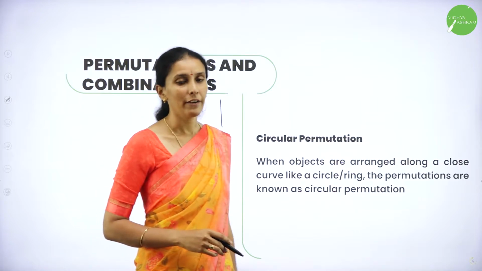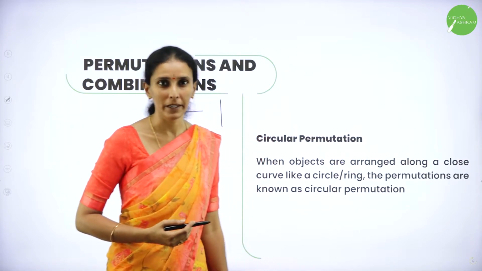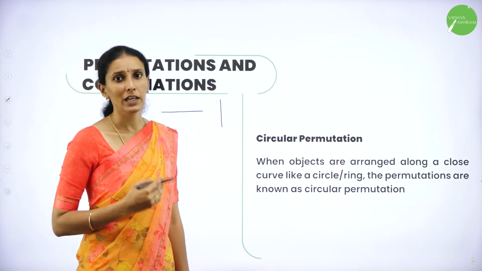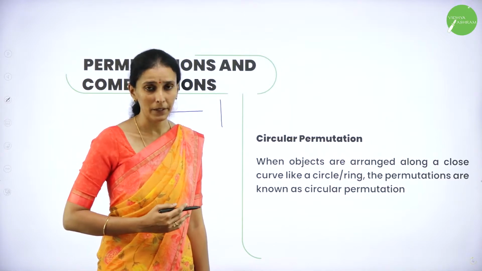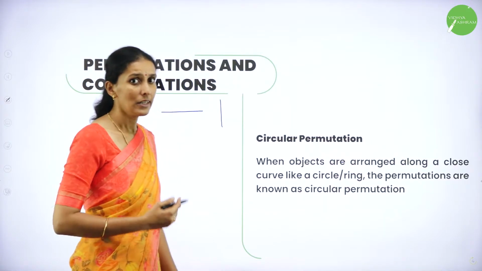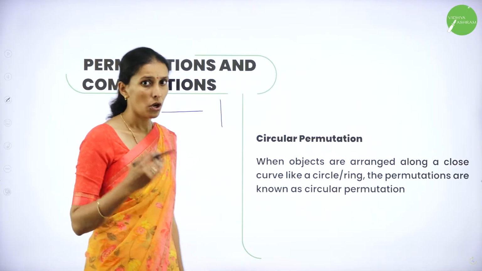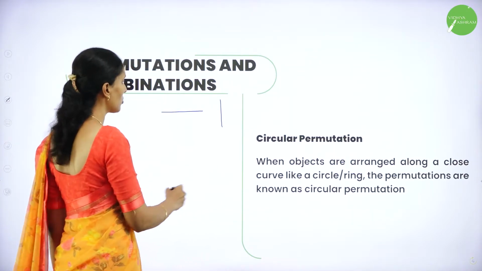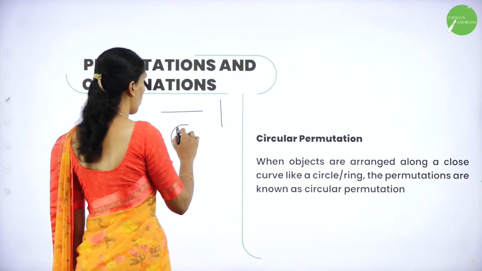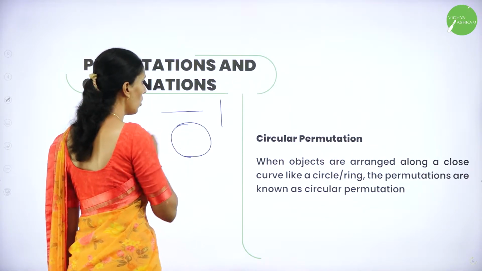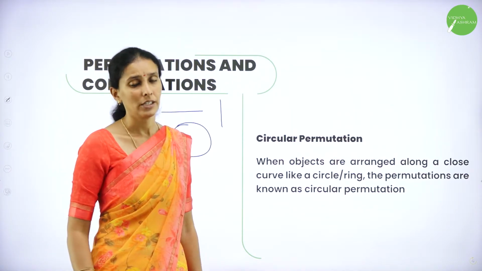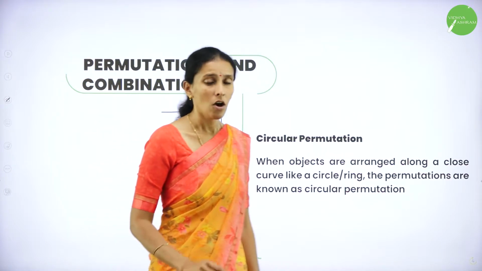What is the difference between linear permutation and circular permutation? We will be studying it later. Coming to the definition, circular permutation is a permutation where all the objects are arranged in the form of a circle or ring.